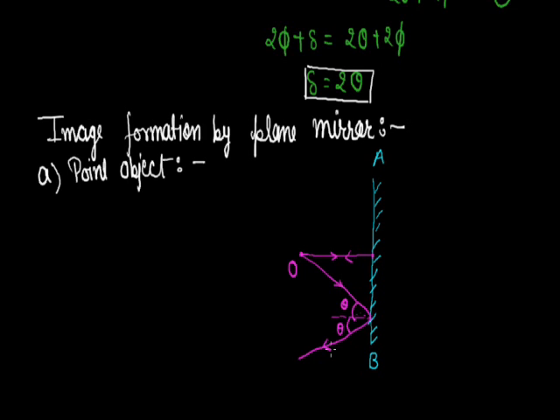This is the other reflected ray. Now if we extend these lines on the same side of the mirror, they will never meet. But if we extend these light rays on the other side of the mirror, they will meet at a certain point, and this point will be the image.